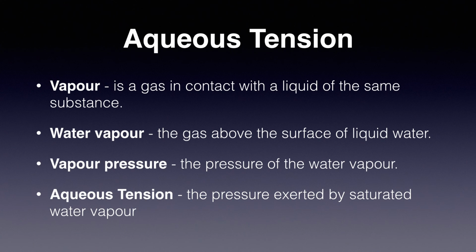Now one more term we have to understand is aqueous tension. To understand this, same as before, I have taken liquid in a container. Specifically, it should be liquid water in a container, and I have pumped out all the air and sealed the container. Now what will happen?